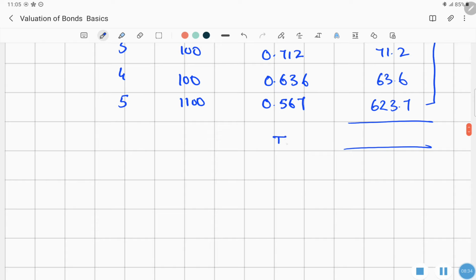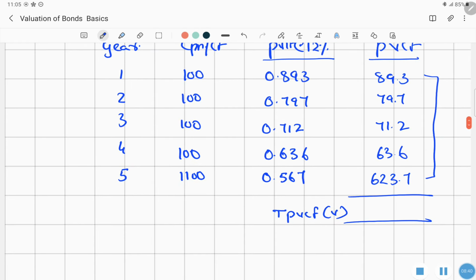The total present value cash flow will be the value of the bond that we are determining. So we'll be adding 89.3 plus 79.7 plus 71.2 plus 63.6 plus 623.7.